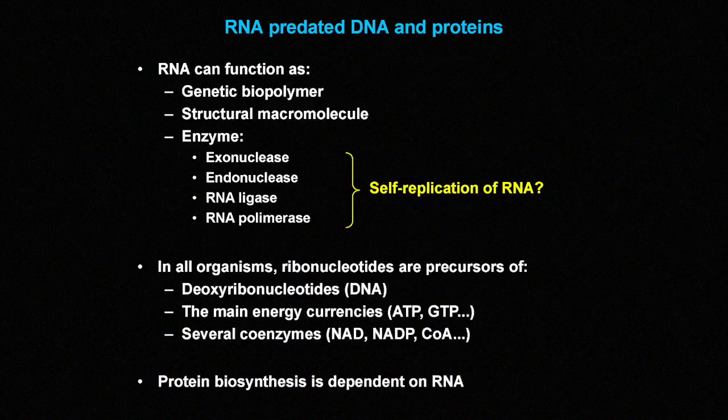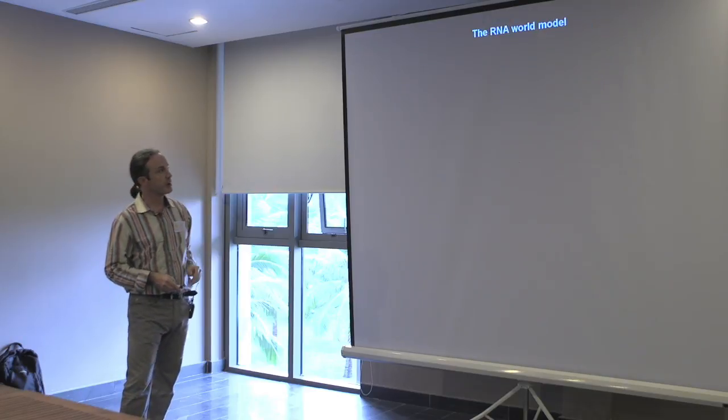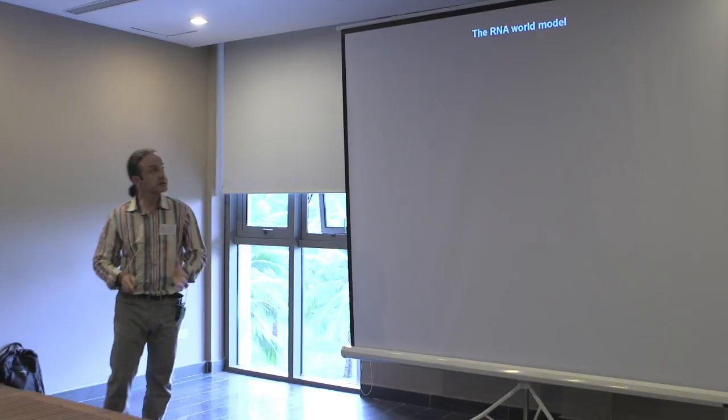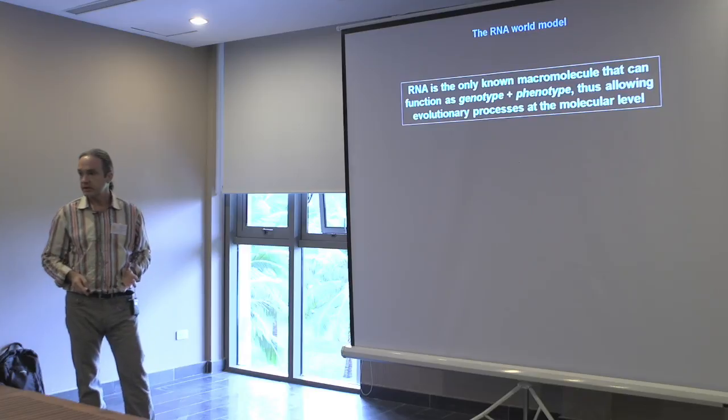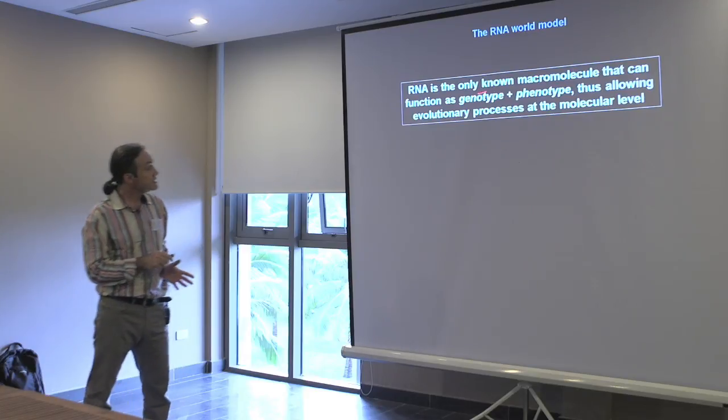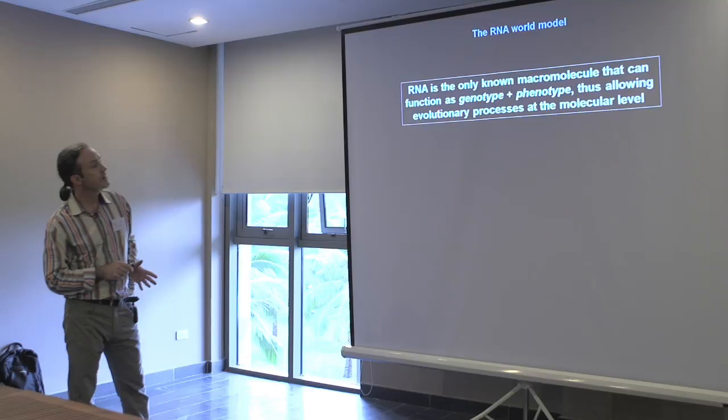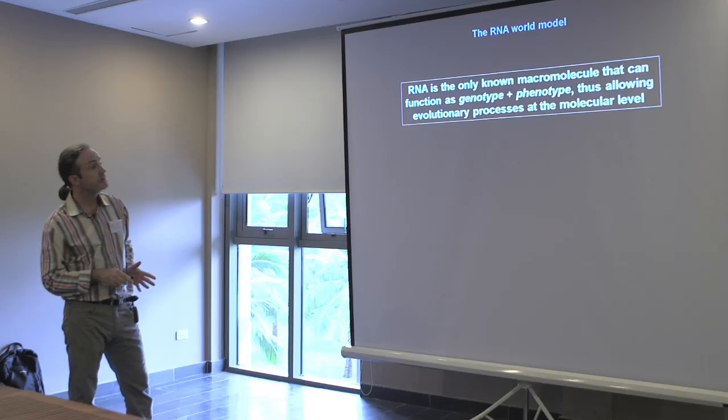And these are used by all cells in the planet. And several coenzymes like these ones are also derived from ribonucleotides. And if you have in mind the flow of genetic information, RNA must be also prior to proteins, because protein biosynthesis is fully dependent on RNA. So these are a number of proofs in favor of the antiquity of RNA. So we have all the ingredients for the RNA world model that says that RNA is the only known macromolecule that can function as genotype and phenotype.